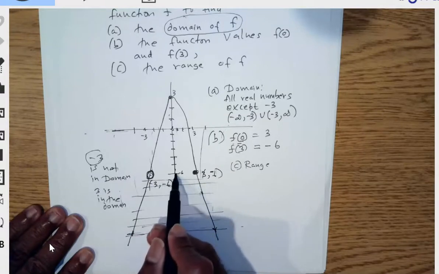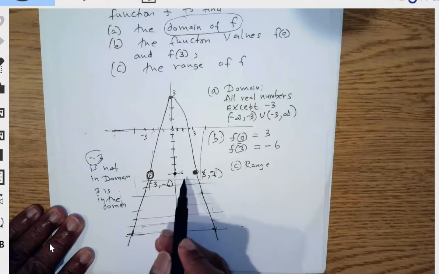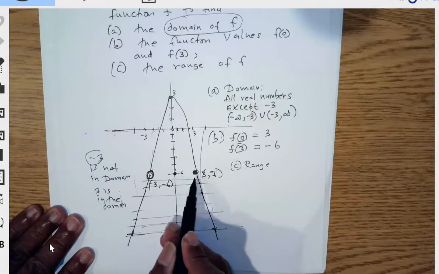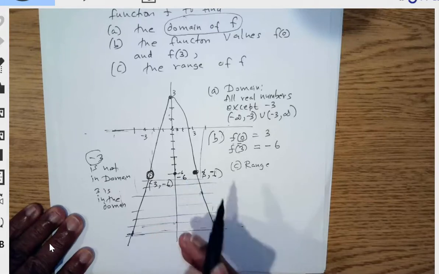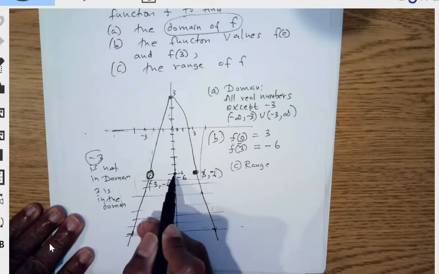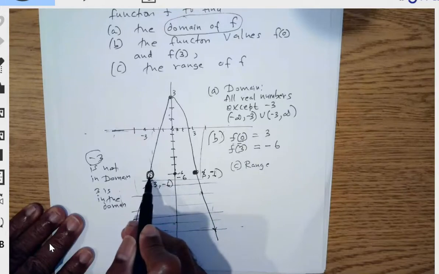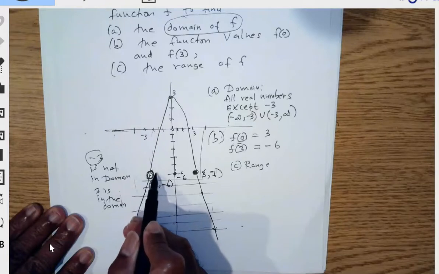Now, let's pause at -6. Is -6 hit by an x value? If you go to the left of -6, -3 does not hit -6 because there is an empty oval here.